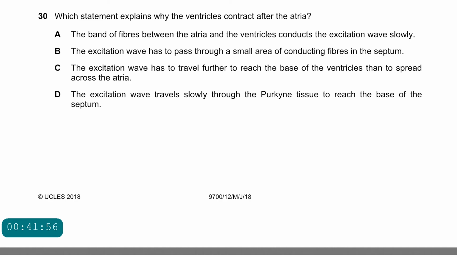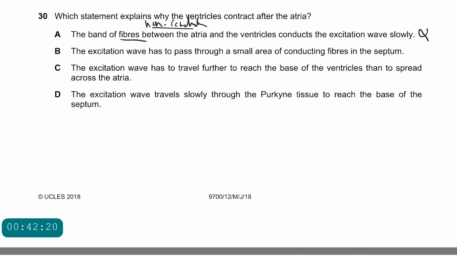Question 30. Which statement explains why the ventricles contract after the atria? To start with, the band of fibers between the atria and the ventricles conducts the excitation wave slowly. This is not possible because these fibers are actually non-conducting fibers, so they never conduct the excitation wave.